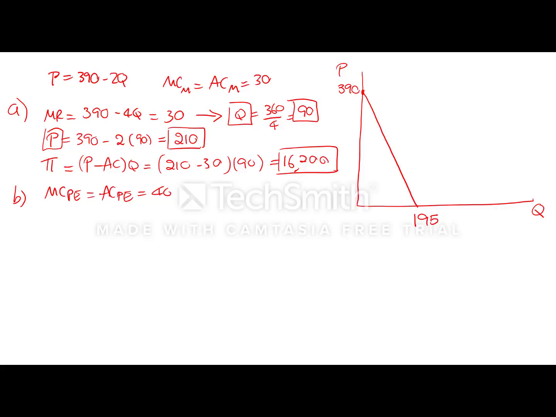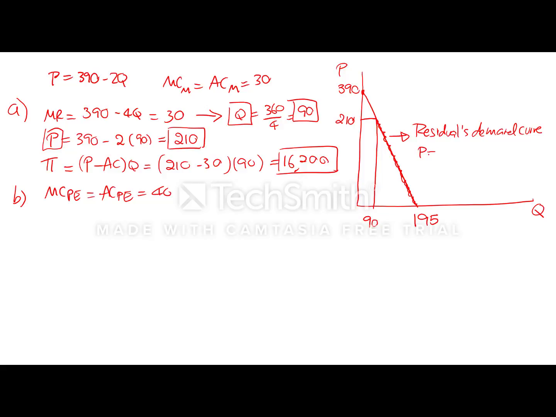Because the monopolist is producing 90, take 90 out. If the monopolist is producing 90, it will charge 210. What is left here, from 210 all the way down, is the residual demand curve that the potential entrant is facing.